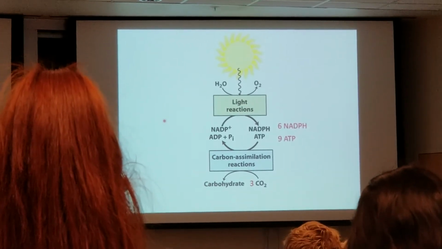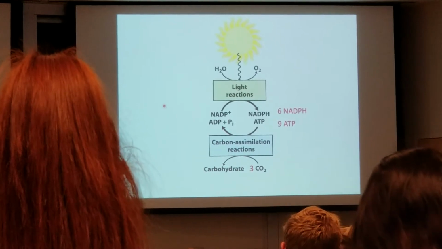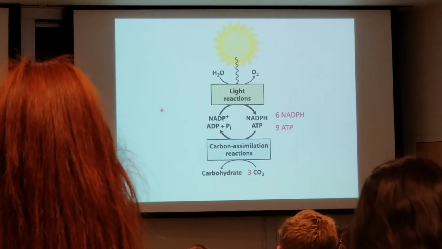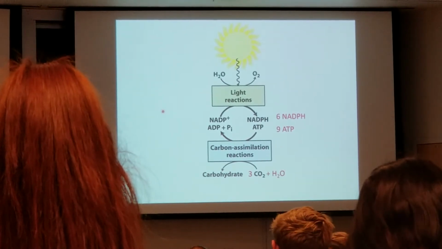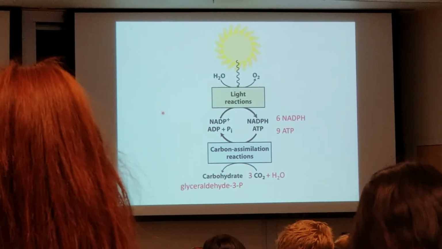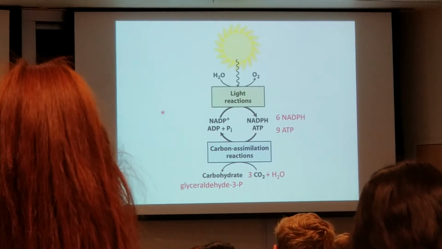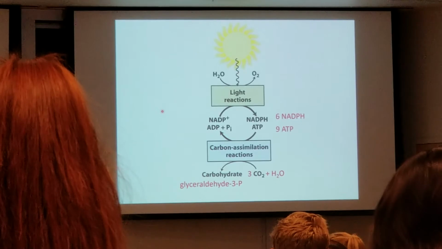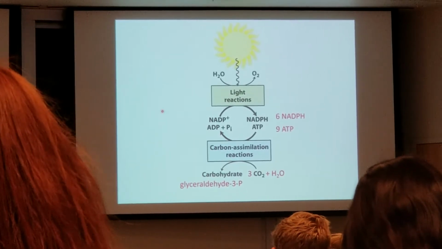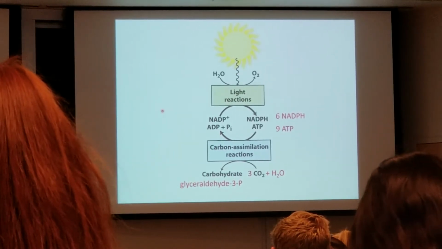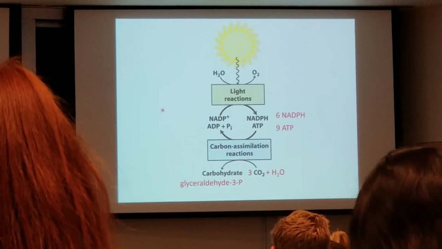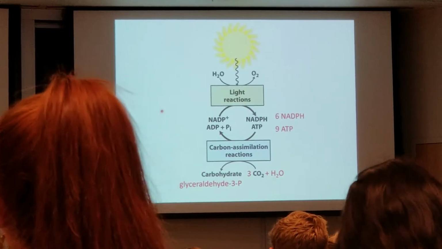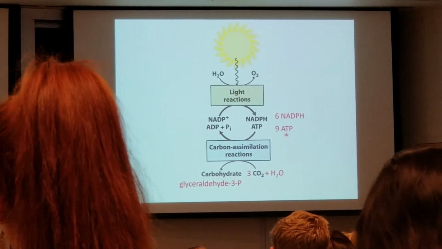And so all of this is done to take 3 carbon dioxide, which are 3 carbons, and make it into glyceraldehyde 3-phosphate, G3P. Where have you seen G3P before? Glycolysis. So 3 CO2s and a water are used to make a sugar. And it requires a lot of energy.